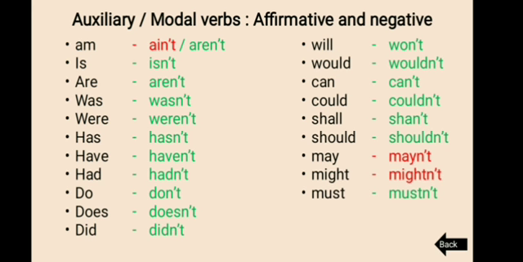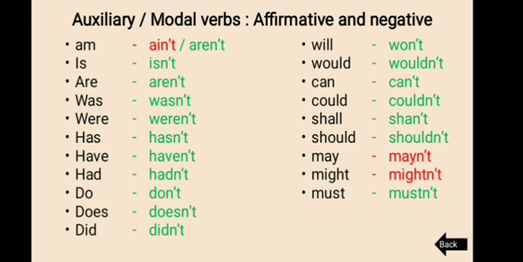Ain't I have written here in reddish color because it's very rarely used nowadays, though it's correct. More often you will find people using the negative form of am as aren't. Then the list goes on: is, isn't, aren't, wasn't, and so on.